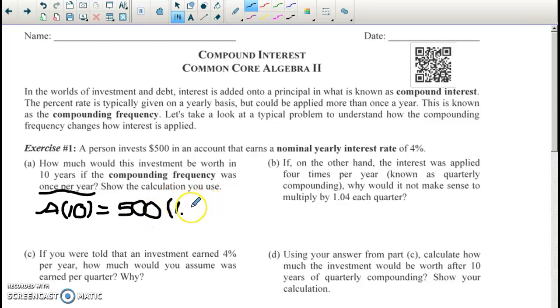You're keeping that 100%, but now you're getting the 4% each year for all 10 years. So you type that into your calculator, and you end up with having $740.12.